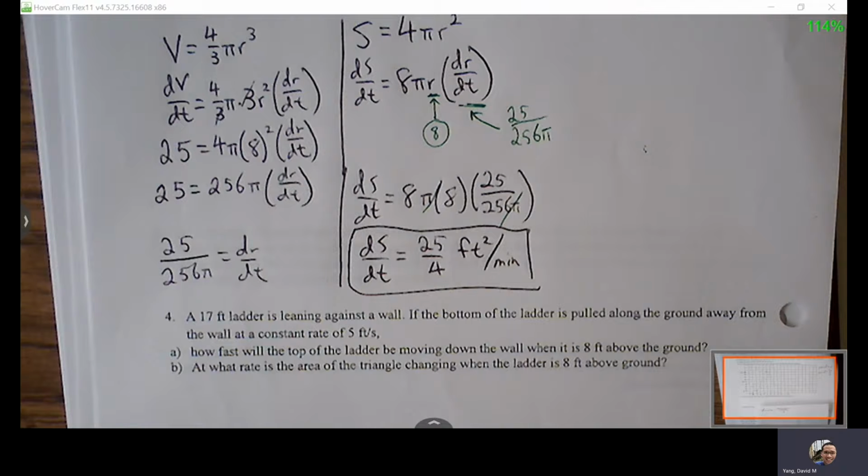Okay, good. All right, page 7, number 3.